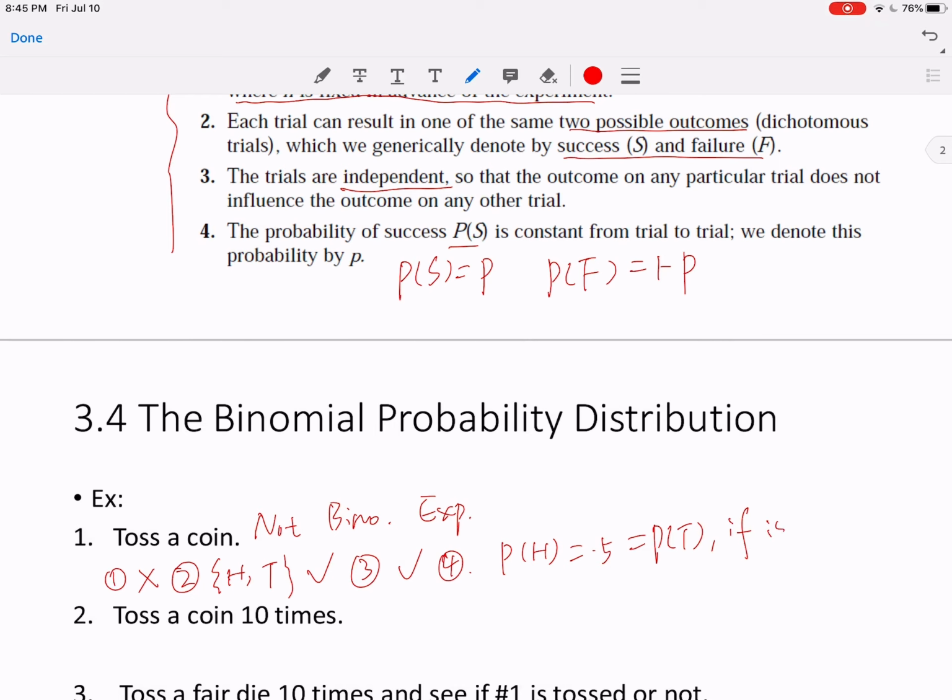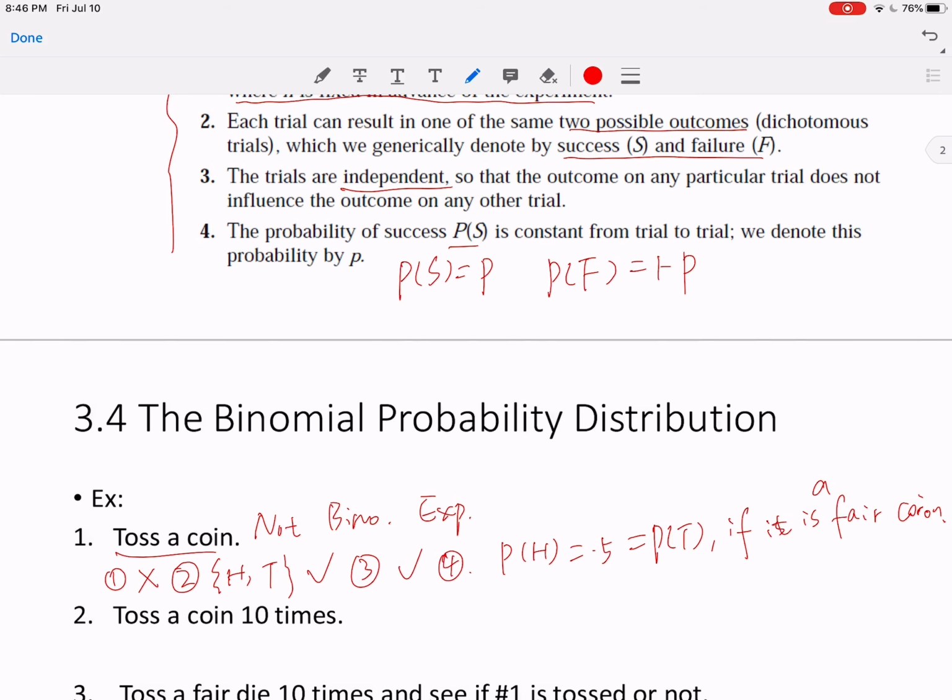If it is fair. It is a fair coin. But even though number two, number three, number four are satisfied, since number one is violated, the first example is not a binomial experiment.